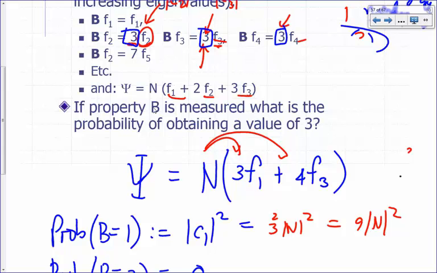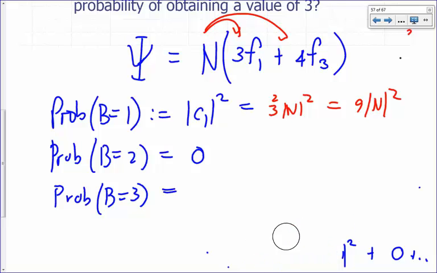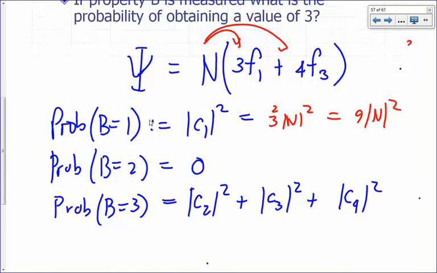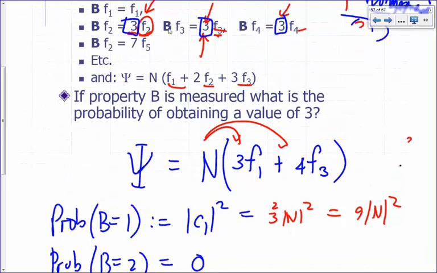So the answer there is C2 squared plus C3 squared plus C4 squared: the coefficient of F2 squared plus the coefficient of F3 squared plus the coefficient of F4 squared, because F2, F3, and F4 will all give you an eigenvalue of 3.